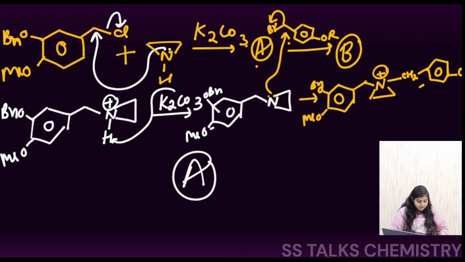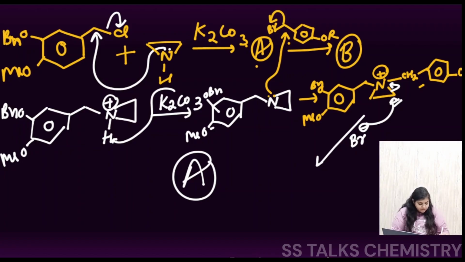Now next, in the absence of the base, there is going to be ring opening, because you are seeing we have a three membered ring, with the positive charge present over the electronegative nitrogen atom. So in the absence of the base, we have the ring opening. For that, the Br negative that has left from the reaction conditions is going to come and attack at this site, and this ring will be opened from here, right?